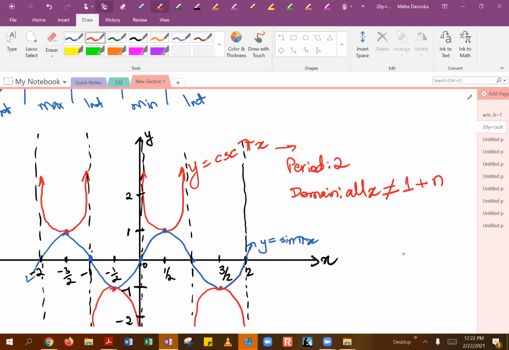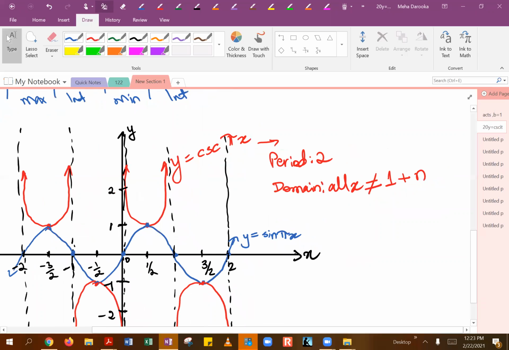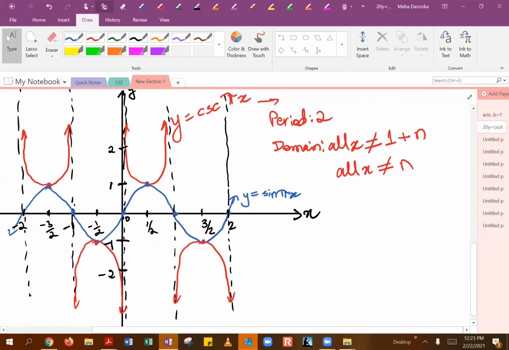If n was -1, -1 plus 1 will be 0, which gives you the y-axis. So you're actually going to write it as 1 plus n, or as Abdul Aziz said, I think technically, since this is in increments of just 1, you could say all x except n, and I think that might also work.